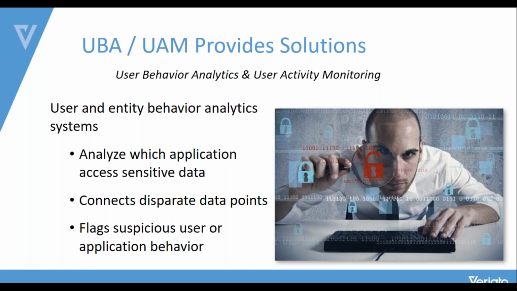Okay, and it's going to detect those malicious activities by both the insiders and also your outsiders that have those hijacked credentials and are masquerading as those insiders. So your user and entity behavior analytics solution is going to audit and analyze those files and those applications and the access to those by each individual in order to detect and connect those data points to see if there's any type of suspicious user behavior being indicated.